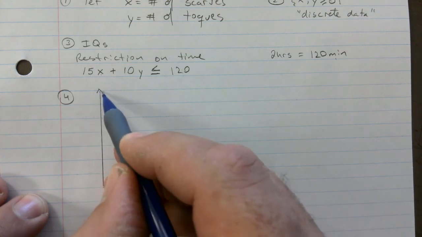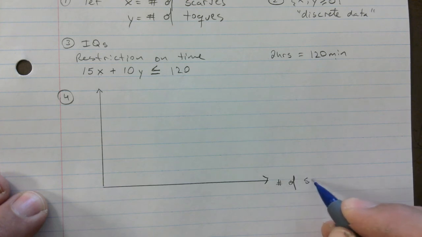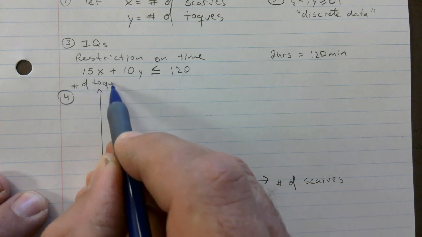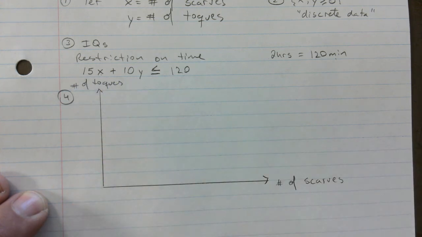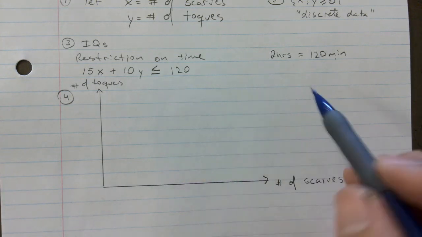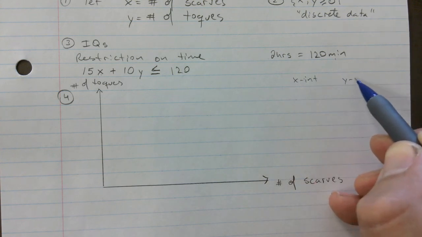That'll make it a little bit easier for sure. And you don't use X and Y. We now go number of scarves and number of toques. Knowing that I have enough room, I will just do the steps that I used to do with you: the x-intercept and the y-intercept.